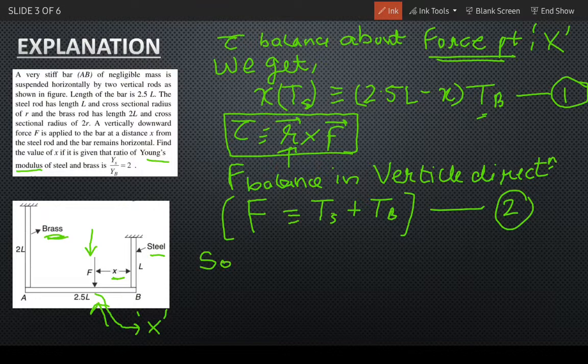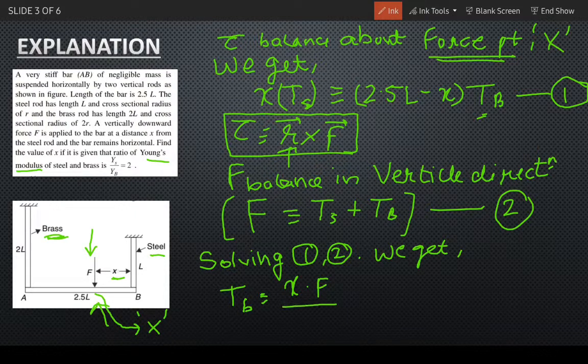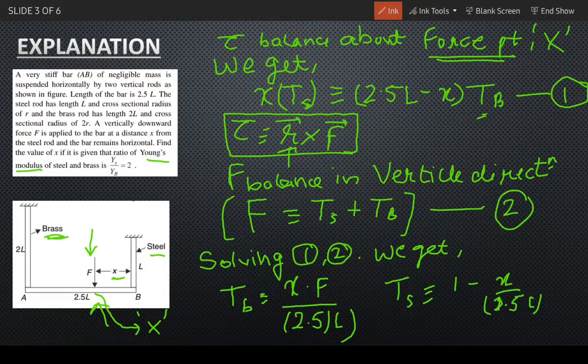Solving 1 and 2, we get the tension in B, that is the brass rod, equal to x times F upon 2.5 L, and the tension in the steel rod equal to (2.5 L minus x) upon 2.5 L, whole into F. This is the tension created in each rod.